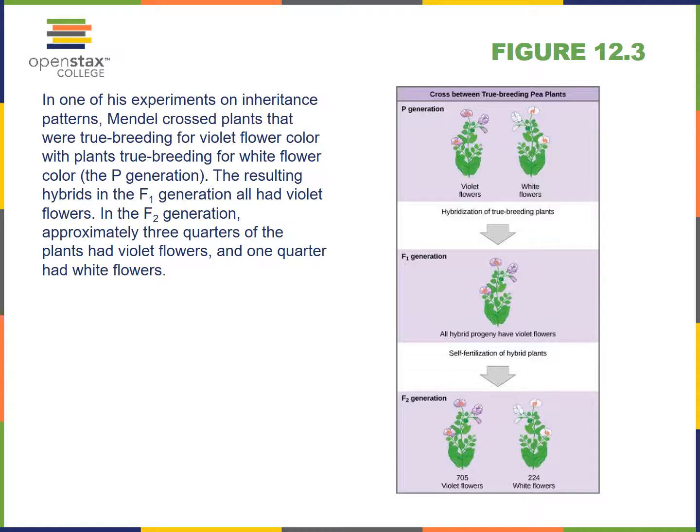So for all of Mendel's experiments, he took true breeding plants. That means he sort of quarantined, say, plants with purple flowers, which in the book is called violet. I'm going to call it purple. So he took these plants that were creating purple flowers, and during fertilization, when pollination would occur, he would quarantine these plants.